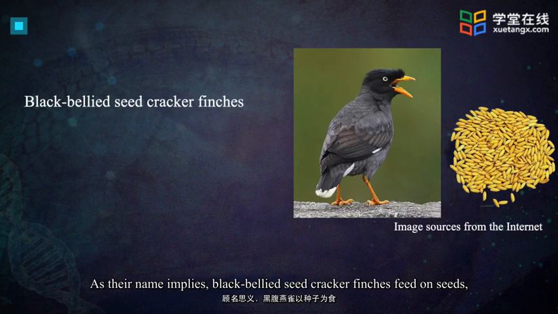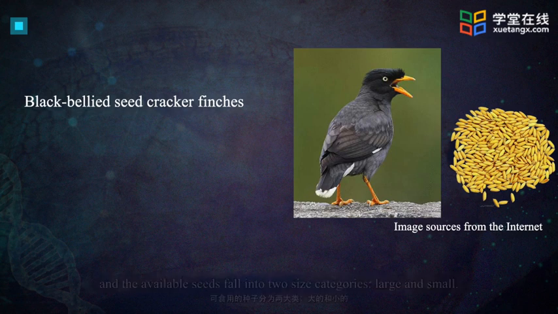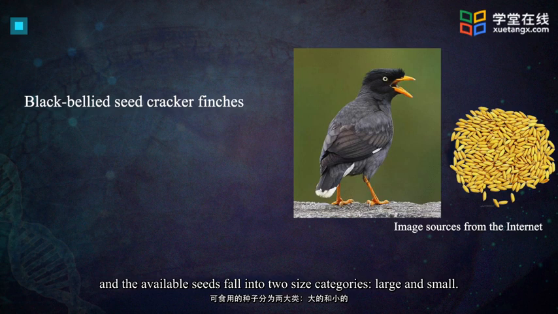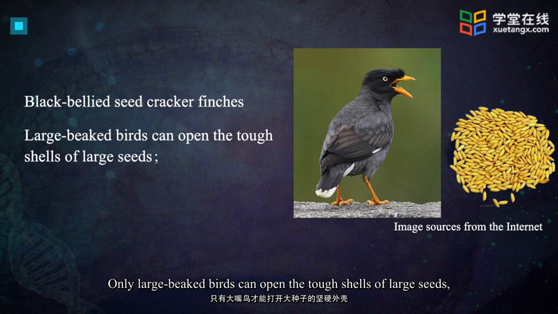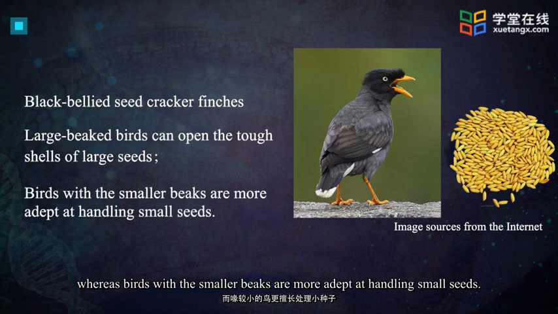As their name implies, black-bellied seed crackers, finches, feed on seeds, and the available seeds fall into two size categories, large and small. Only large-beaked birds can open the tough shells of large seeds, whereas birds with the smaller beaks are more adept at handling small seeds.